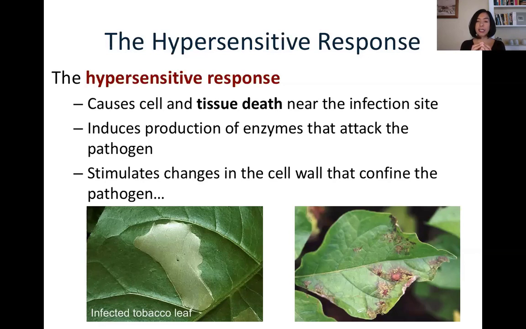So it sacrifices some of the cells around the pathogen so that it can block the spread of the pathogen. And it also can produce enzymes to attack the pathogen. So this is the hypersensitive response, and that includes the tissue death. It also can increase the cell wall. As I was mentioning, it will increase the cell wall to confine this pathogen.